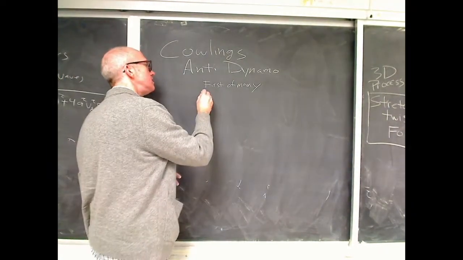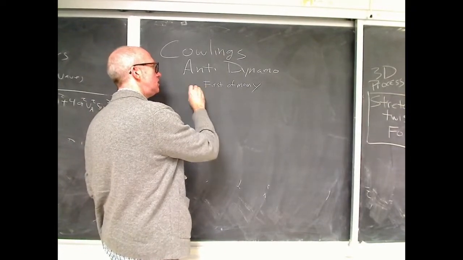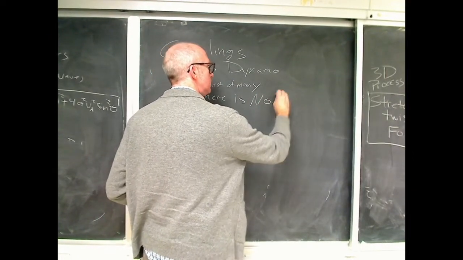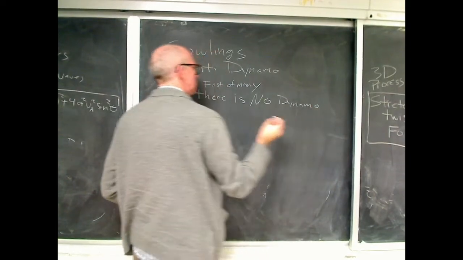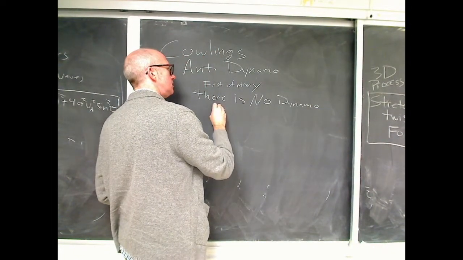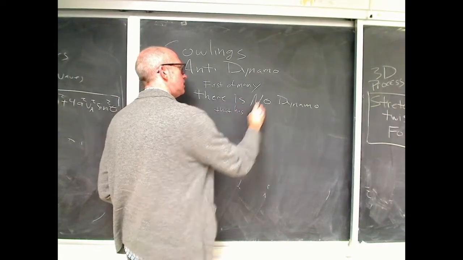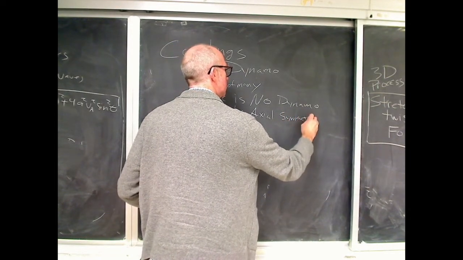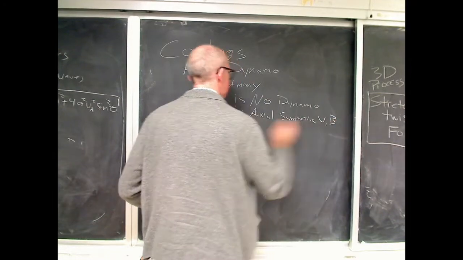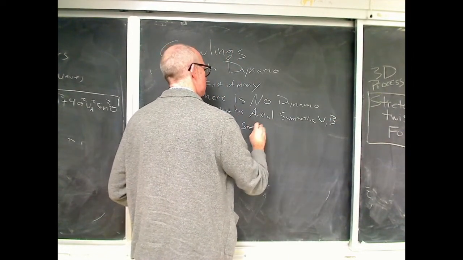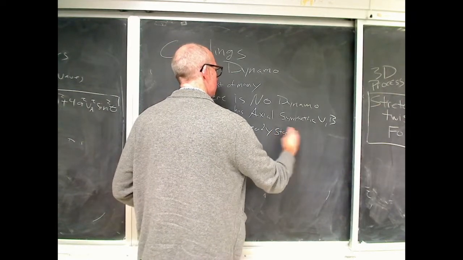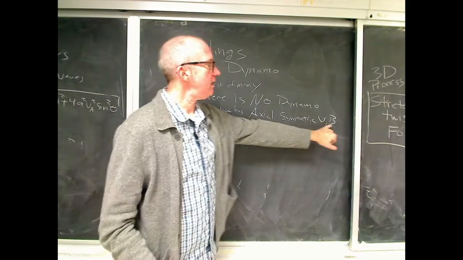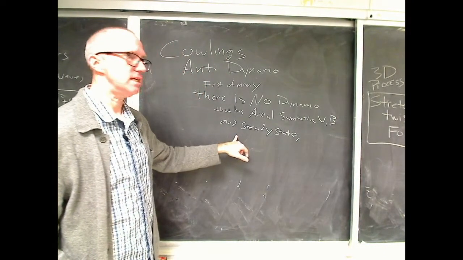What he says is that there is no dynamo that has both an axially symmetric velocity and magnetic field and is in steady state.